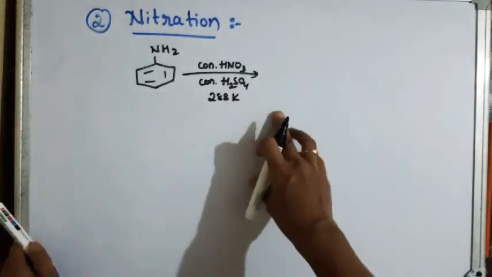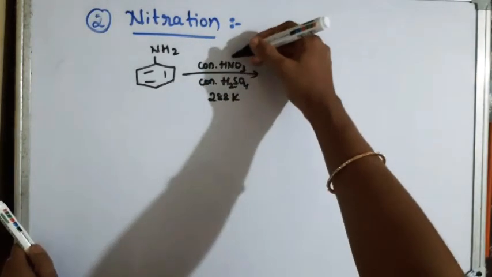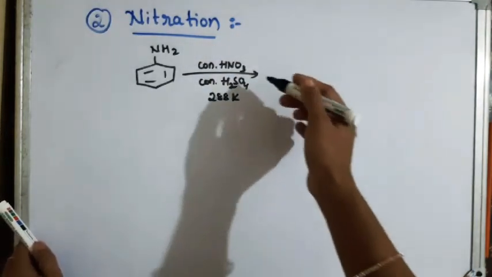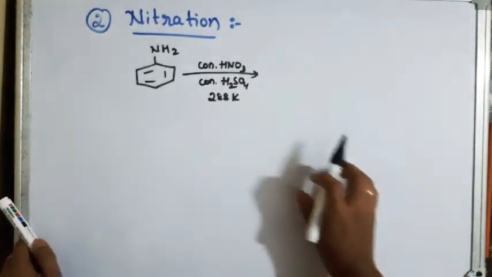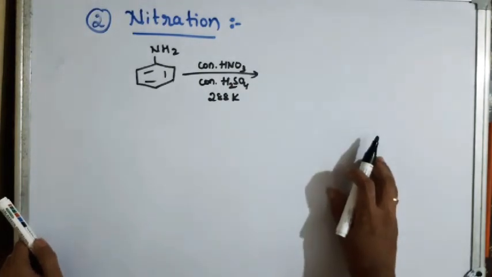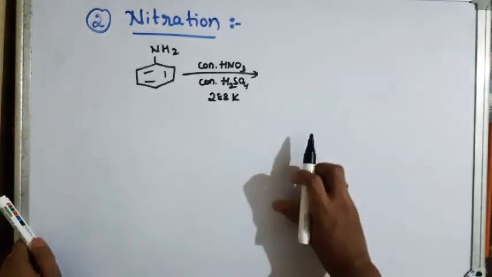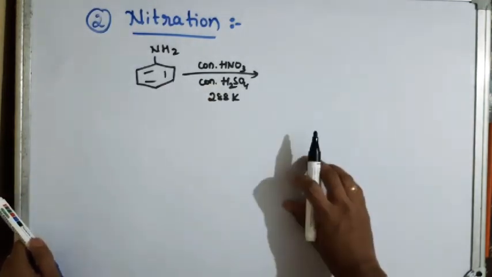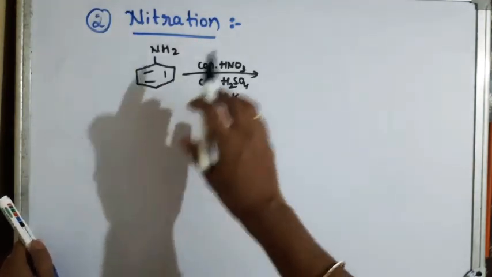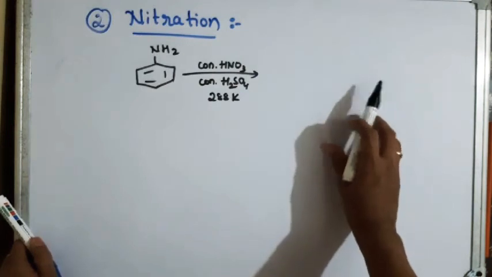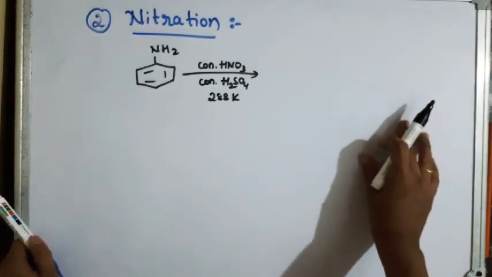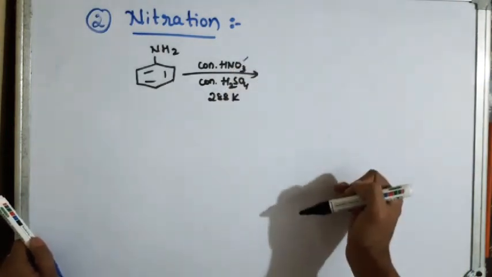nitration products. But here you should remember that concentrated nitric acid is not only used for nitration, it is also a strong oxidizing agent. So whenever we use direct, uncontrollable nitration, there is a possibility to get oxidation products also because of its oxidizing nature.